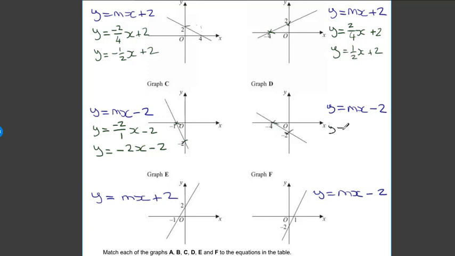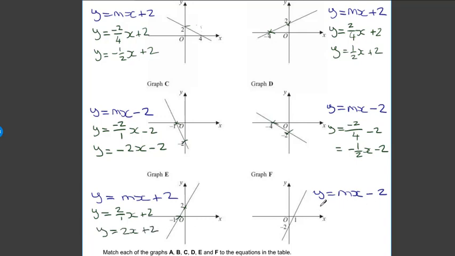So y equals minus 2 over 4, that equals minus a half x minus 2. Here, to go from left to right, we go across 1 up 2. So y equals 2 over 1x plus 2. So y equals 2x plus 2.